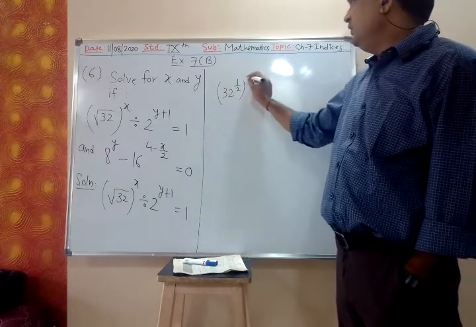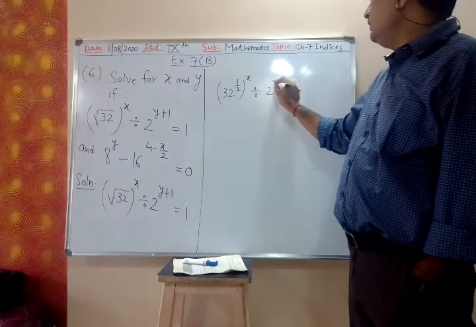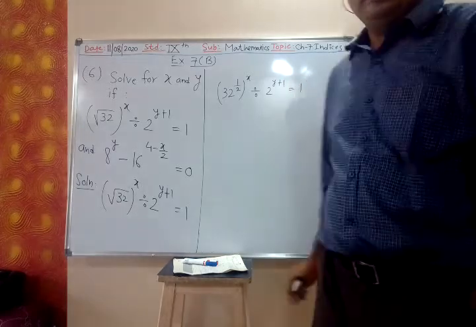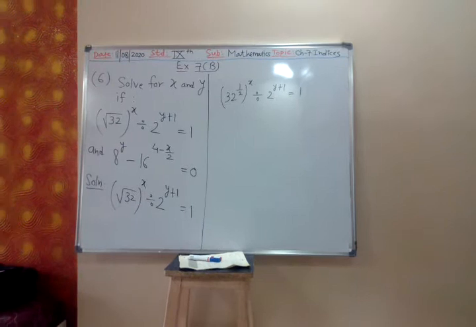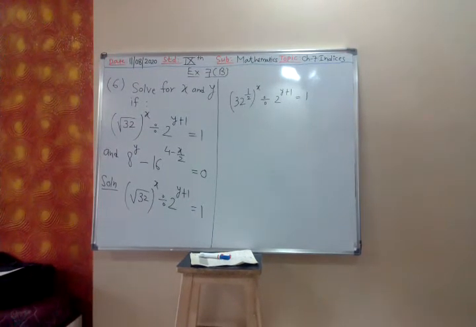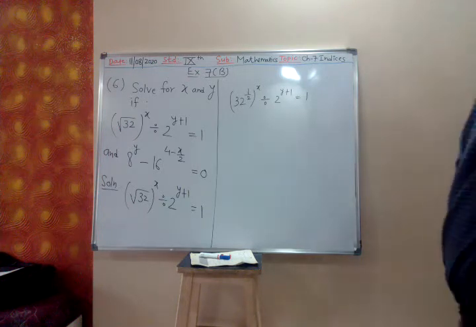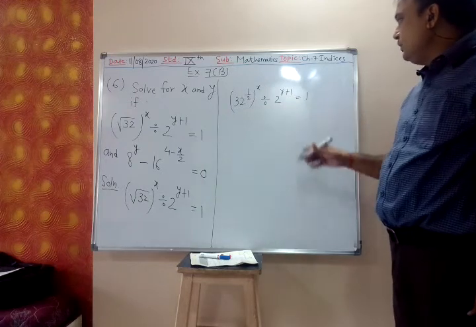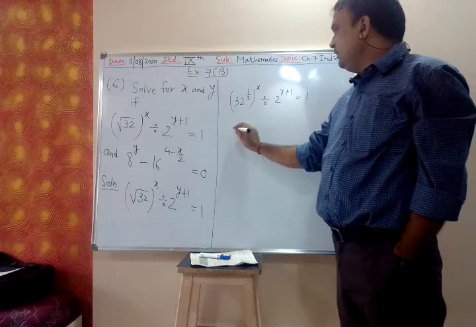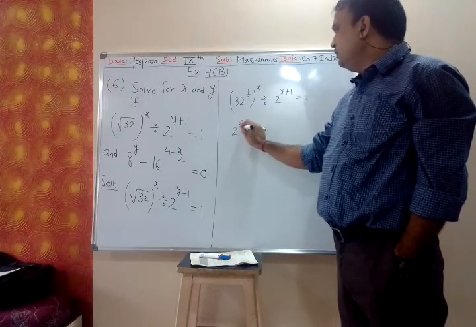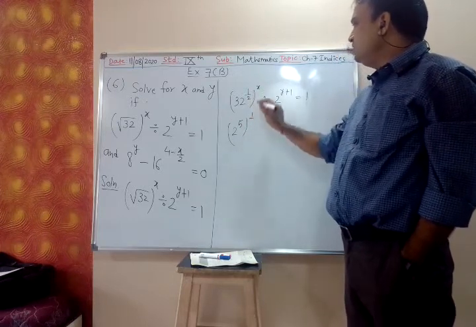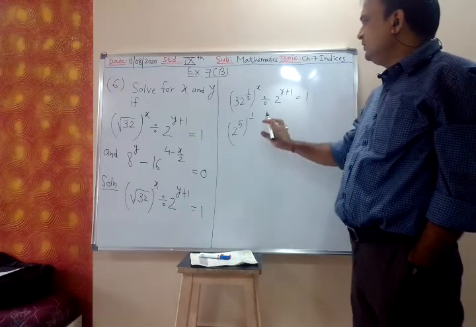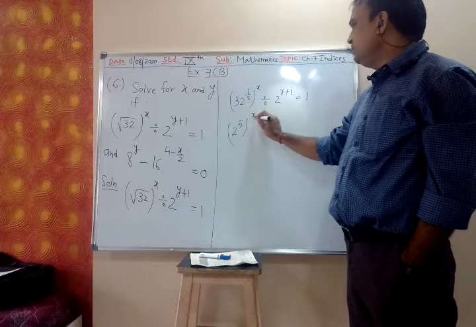So 32 raised to half, raised to x, divided by 2 raised to y plus 1 is equal to 1. Here 32 I can write as 2 raised to 5, raised to half. Half raised to x means x upon 2.